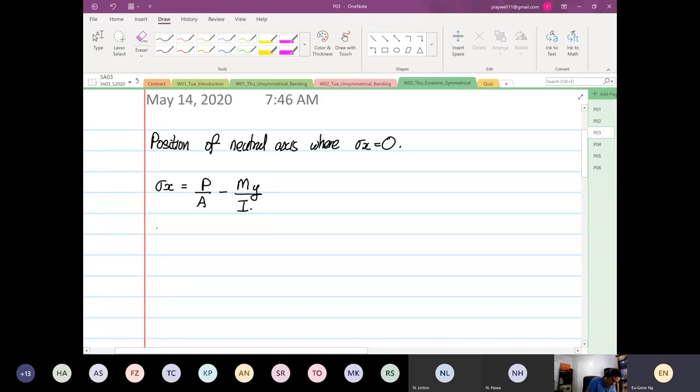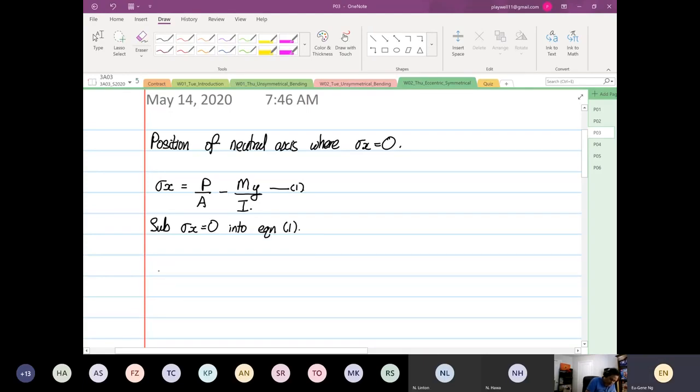We know that stress X will be equal to 0, so we substitute stress X equal to 0 into equation number 1.